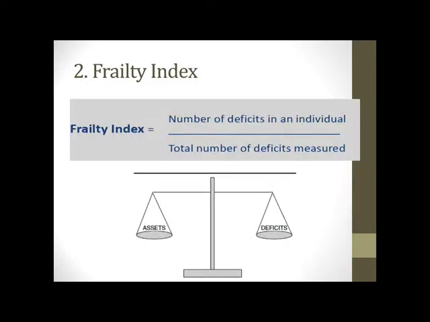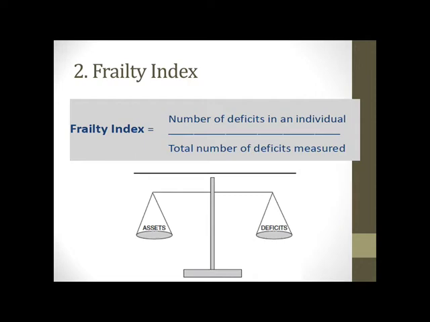So the second one is a Canadian-grown frailty model that tends to be a little bit more difficult to do in practice, but if you can understand the concept of it, it is actually quite easy. This is a model developed by Ken Rockwood from Dalhousie in Halifax, based on the Canadian Study of Health and Aging. He looked at over 10,000 patients and collected 92 baseline variables about these patients.